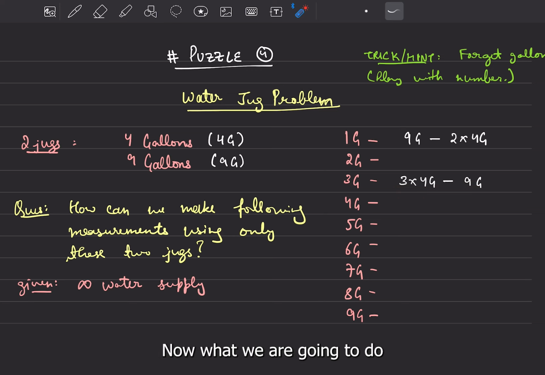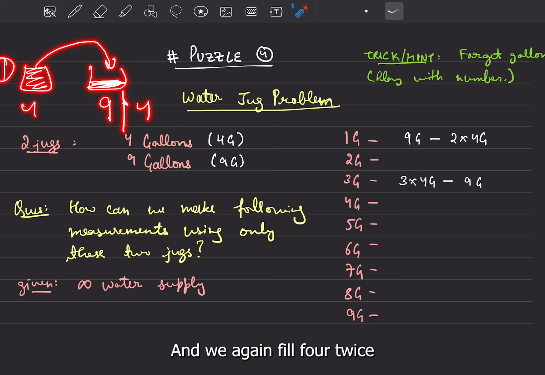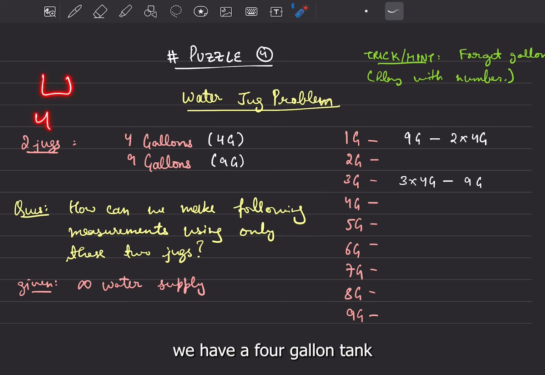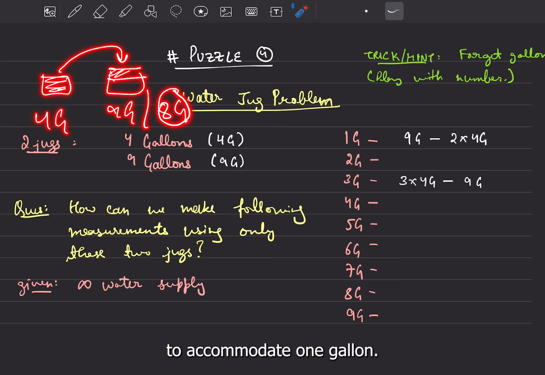Now we have a 4-gallon tank and a 9-gallon tank, and 3 times 4. We fill the 4 once and put it into the 9, which now has 4. Then we fill the 4 again and put it in, so it has 8. We fill the 4 again and pour it in; since it already has 8, we can only accommodate 1 gallon.